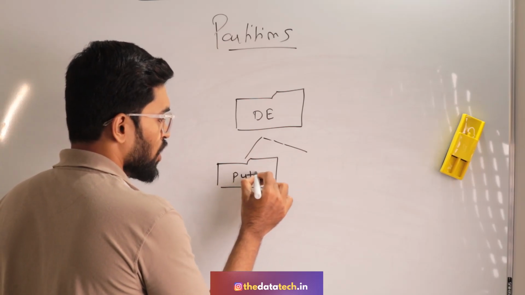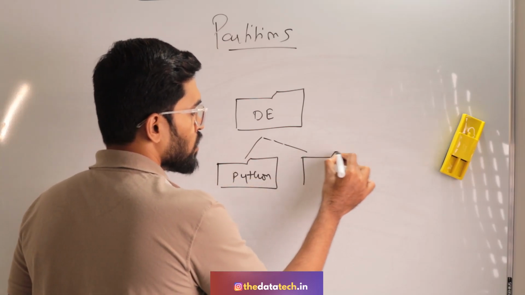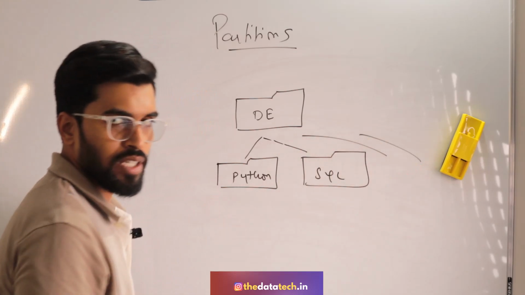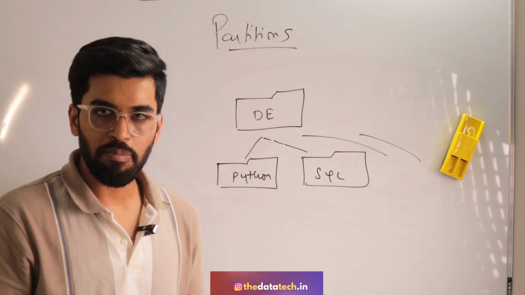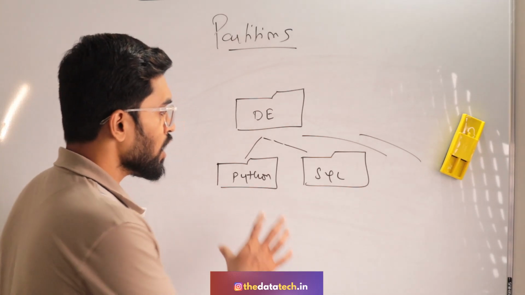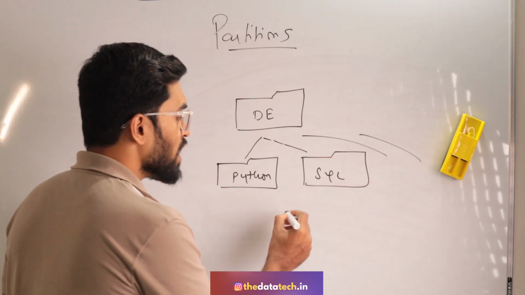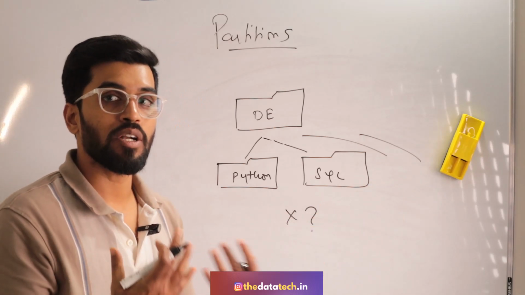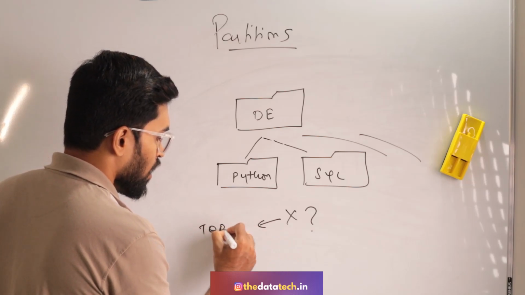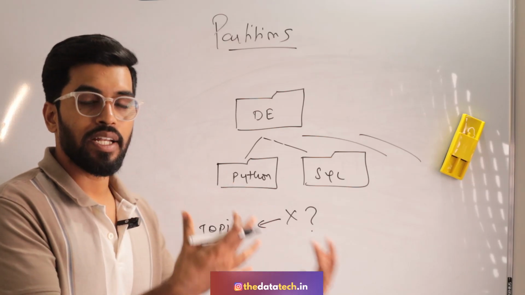For Python videos, I'll put them in a Python folder. SQL, I'll put in a SQL folder. Similarly I create so many other folders. So I'm creating a partition based on the video topic, right? Here you create the partition based on what? Here it is nothing but my topic. So based on the topic, I'm creating a partition.